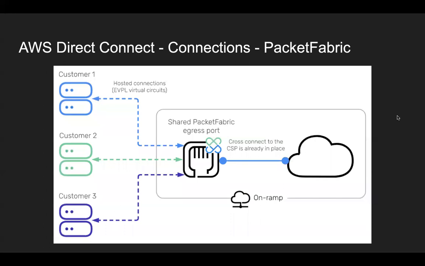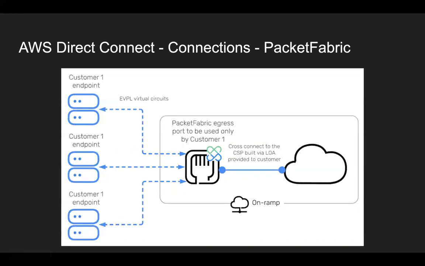So this is a diagram from Packet Fabric. Thank you, Packet Fabric, for putting up these very nice diagrams. With hosted connection, it's a shared connectivity between multiple customers. So it's multi-tenant in nature. And the cross connect from Packet Fabric's Direct Connect partner location to the cloud service provider is already in place.